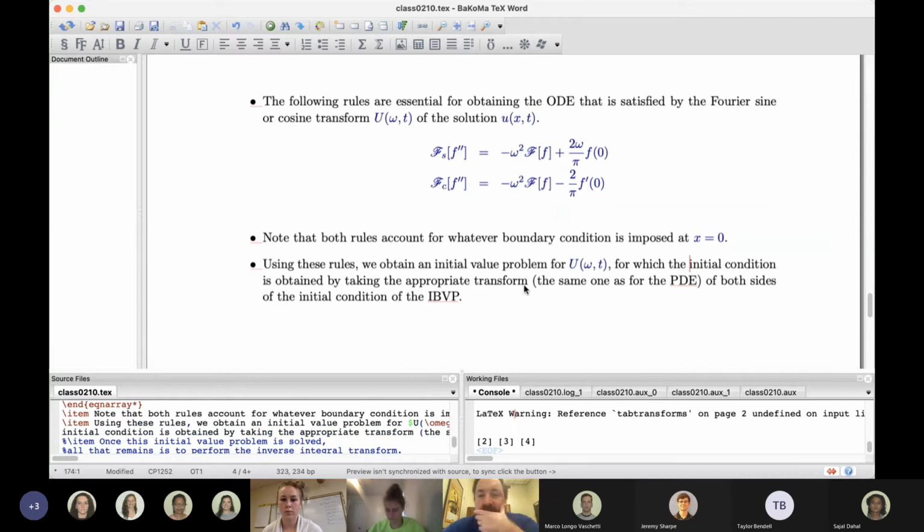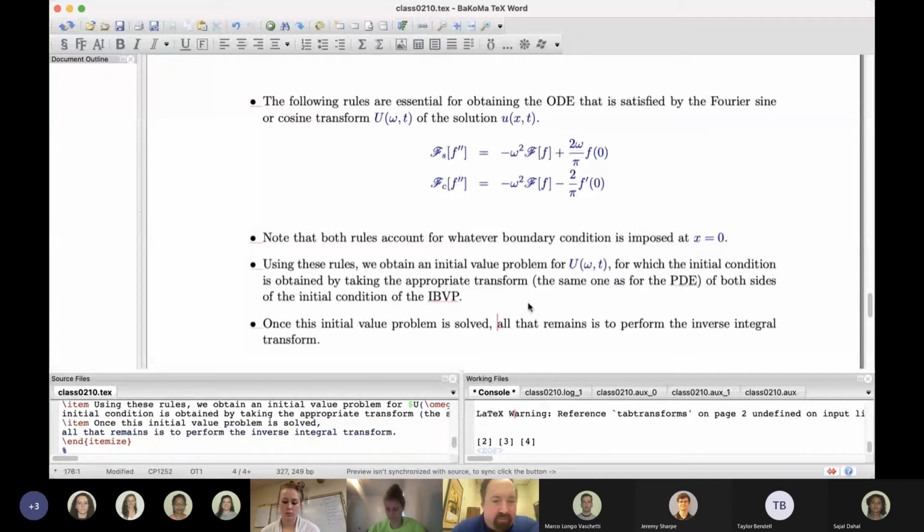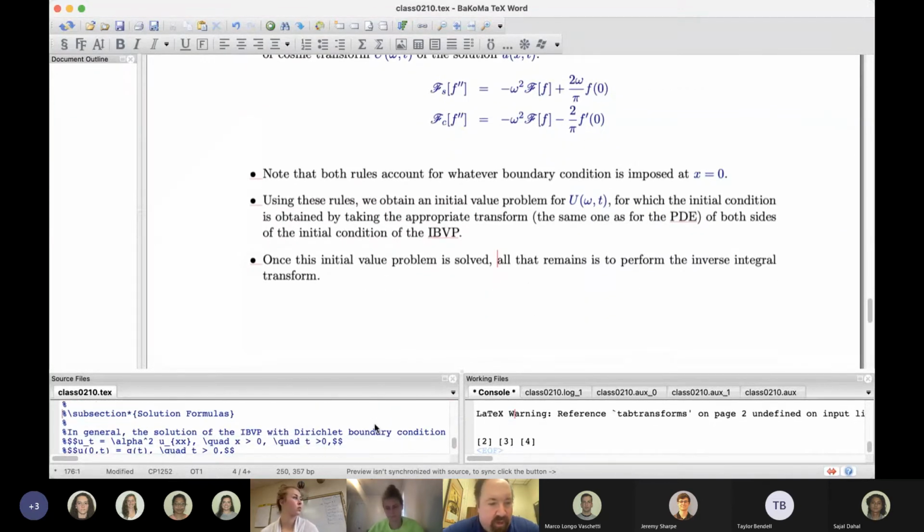Okay. And you take the transform of your initial data, whatever that may be, that gives you the initial condition for your ODE that you solve. And then you use the inverse transform to get the solution of your original problem.